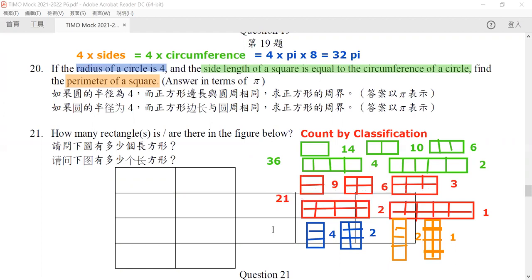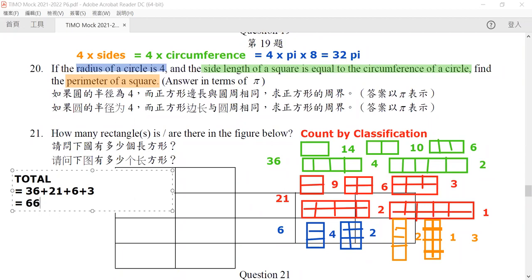For all the blue, it will be equal to 6, and for all the orange, it will be equal to 3. So our total is 36 plus 21 plus 6 plus 3, which equals 66. Yay.